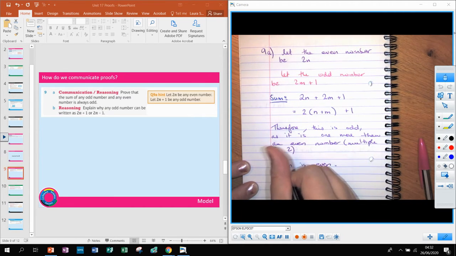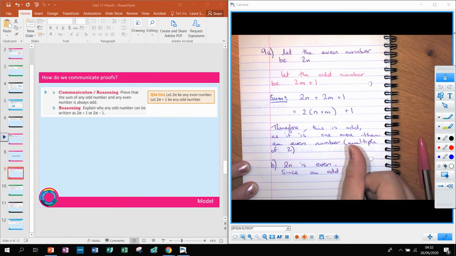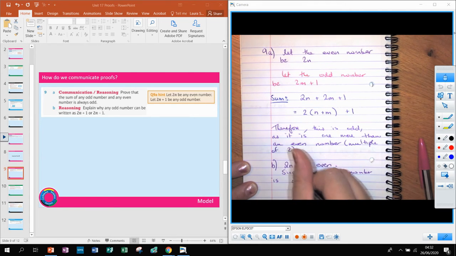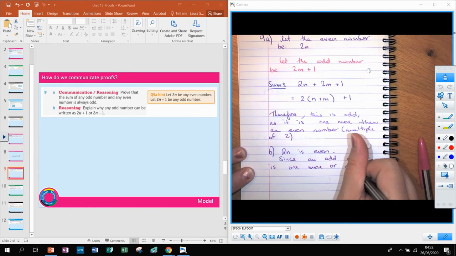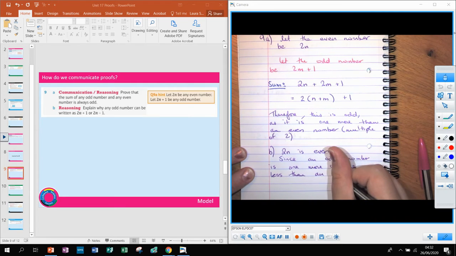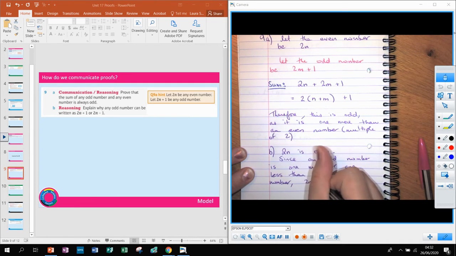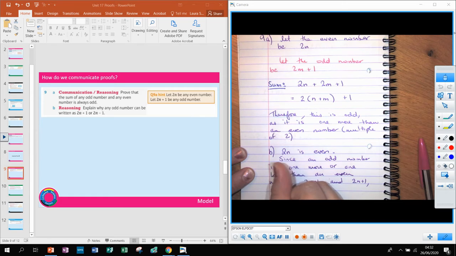And then we could say that since an odd number is one more or one less than an even number, 2n minus 1 and 2n plus 1 must be odd.